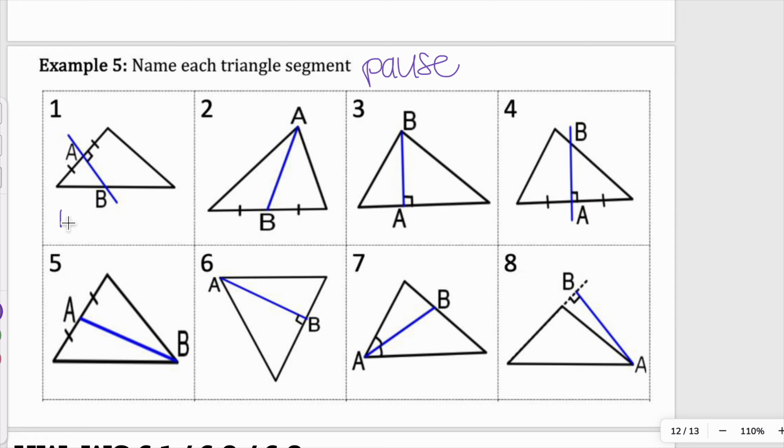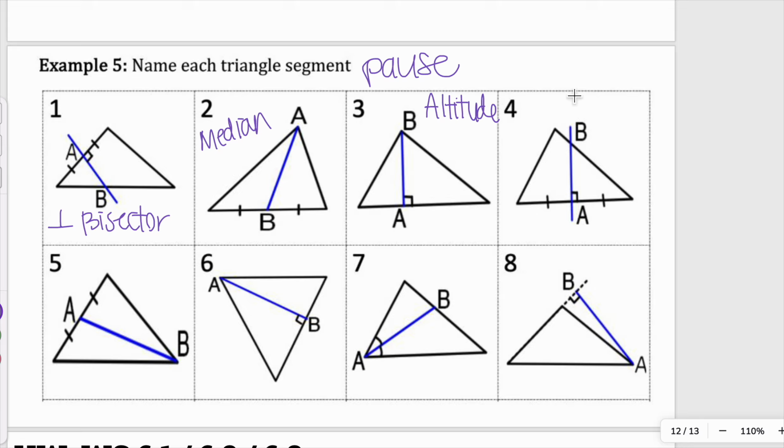Okay, number one is just a perpendicular bisector. Number two is a median because we're going from a vertex to the opposite side, and it's the midpoint of that opposite side. Number three is the altitude because it's defining the true height, and we're showing a perpendicular angle to represent the true height.